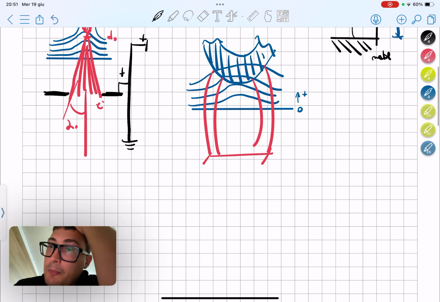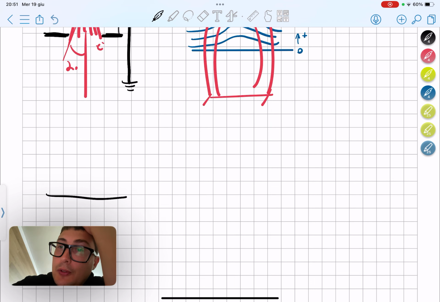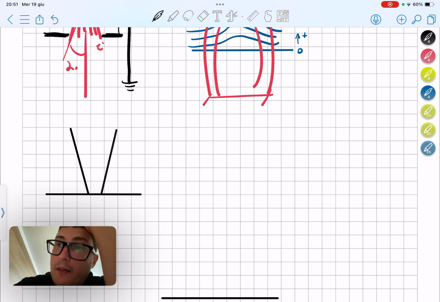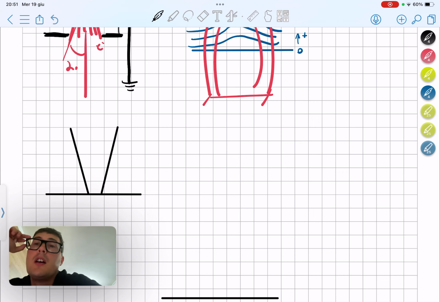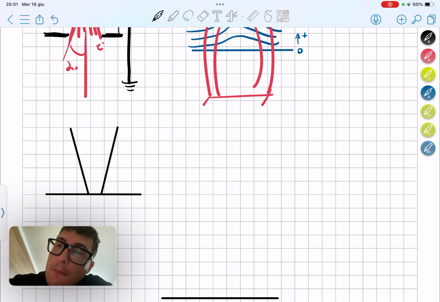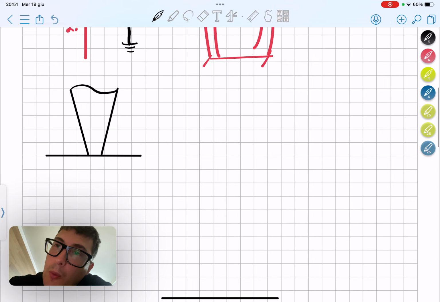So maybe it's worth introducing directly the main parameters. Maybe it's more convenient to discuss the parameters that are important for SEM. We already talked a little bit about the spot size.